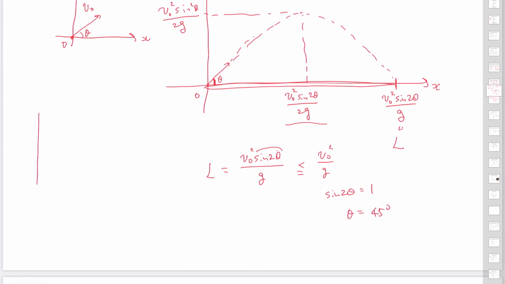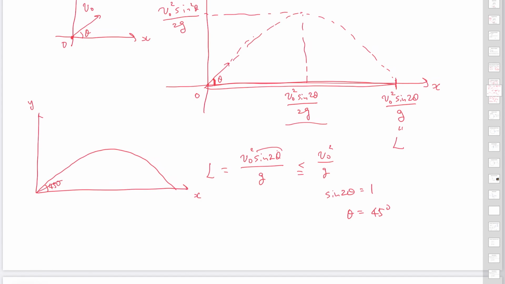If you draw the graph, with x coordinate and y coordinate, this is the case of 45 degrees.